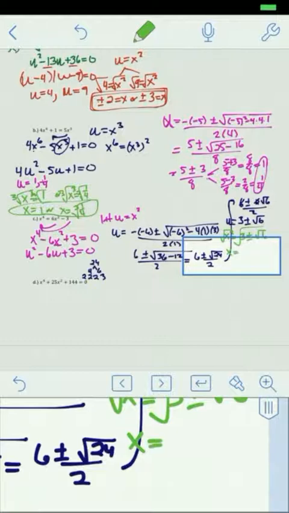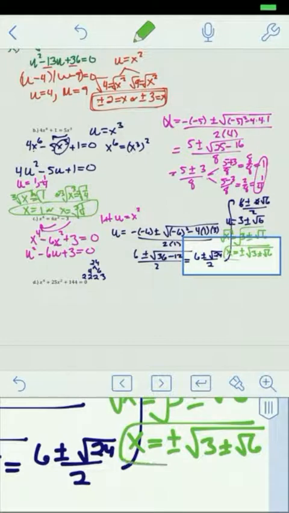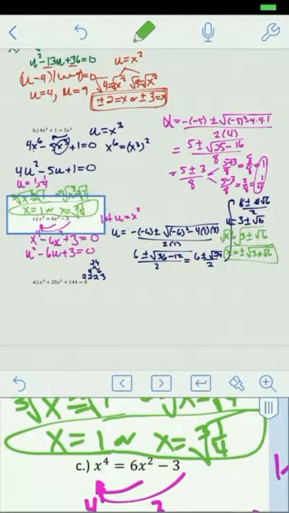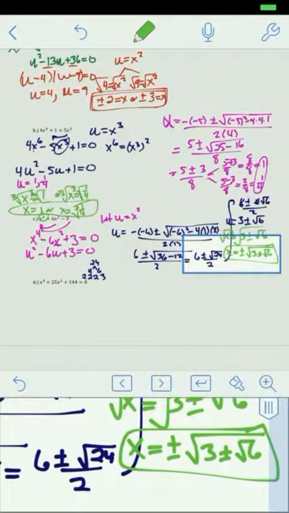I get x is equal to plus or minus the square root of 3 plus or minus the square root of 6. Not the biggest answer in the book, but we can see that we have 4 answers here. We have a quartic equation, to the 4th, and I have plus or minus the square root of this thing, so I've got 2 versions of it. And then inside I also have 2 versions, and so that's actually our final 4 answers.